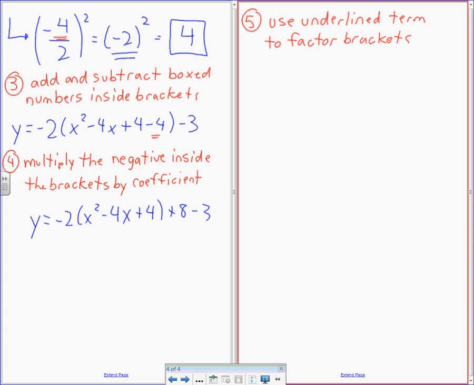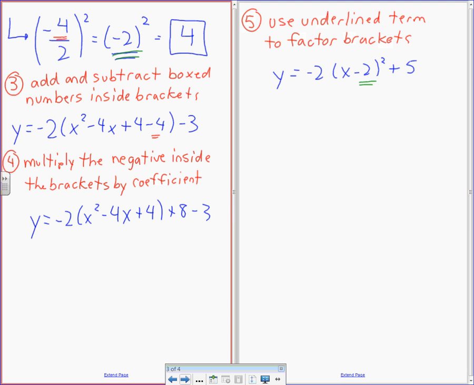I'm going to say that this equals y equals negative 2 times (x minus 2) squared plus 5, where the negative 2 is the same as this negative 2 over there. But people were getting all confused with this on Thursday, saying where did the x go. Nothing happened. If you don't believe me, what multiplies to 4 and adds to negative 4? It's going to be negative 2 and negative 2, which makes it (x minus 2) squared.